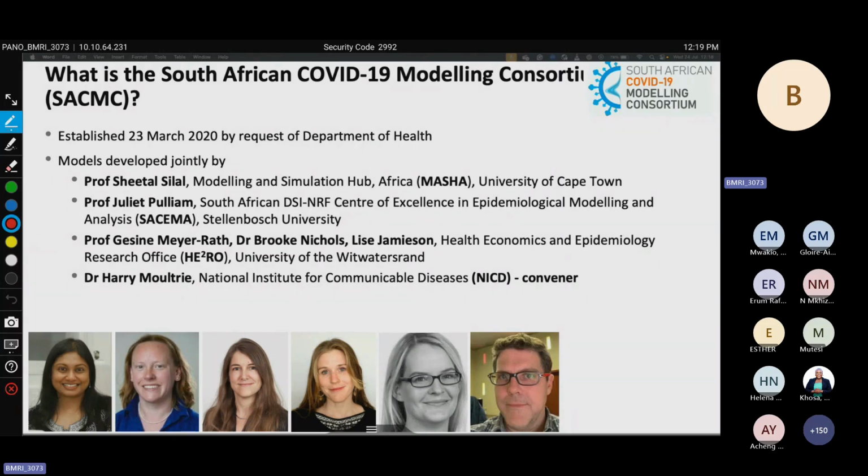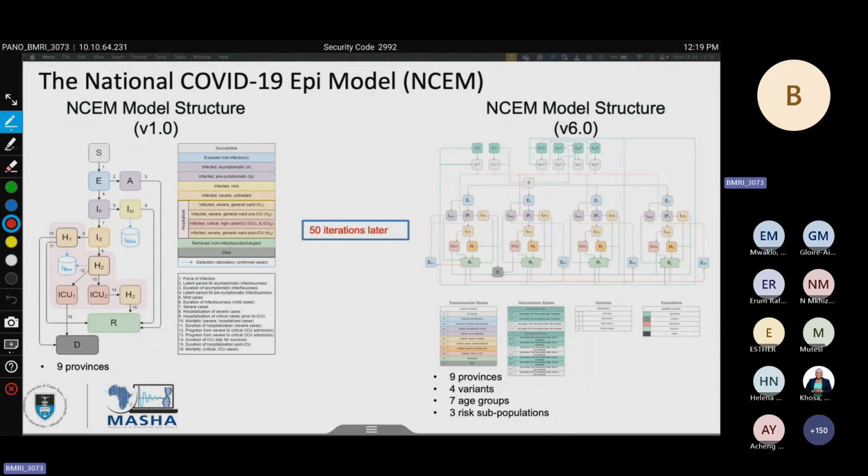And one of those lessons was that we really did need to be agile and update our models very, very regularly. So in the beginning, we started off with a very simple compartmental model for COVID-19. NCEM stands for the National COVID-19 Epidemiological Model.